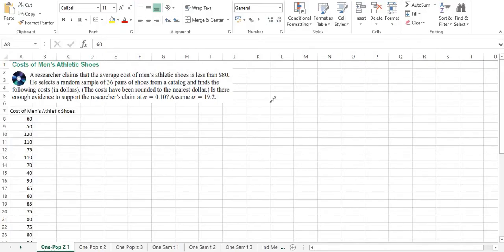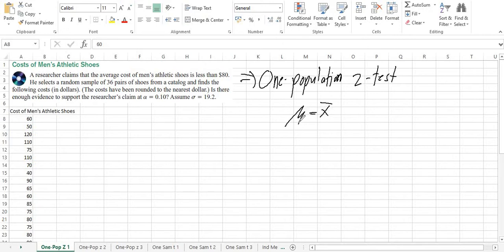So the first one, the problem that we're actually seeing now, is a sample problem rather for the test of one population z-test. The one population z-test is used to determine whether the sample mean is the same as our population mean.